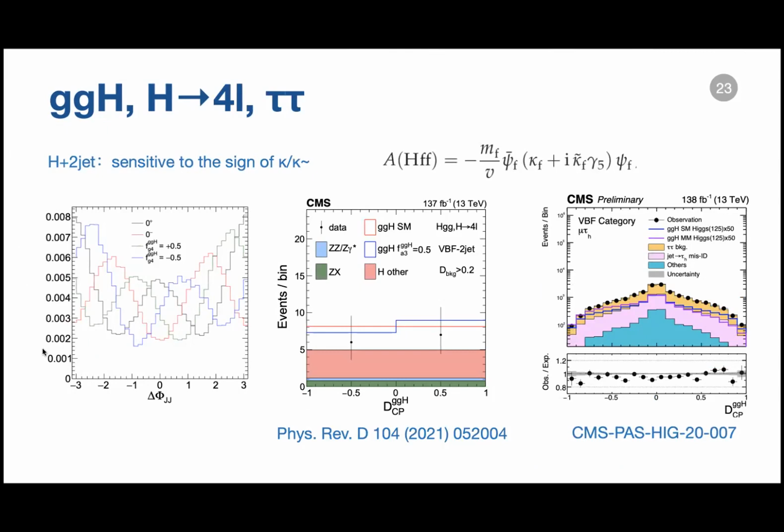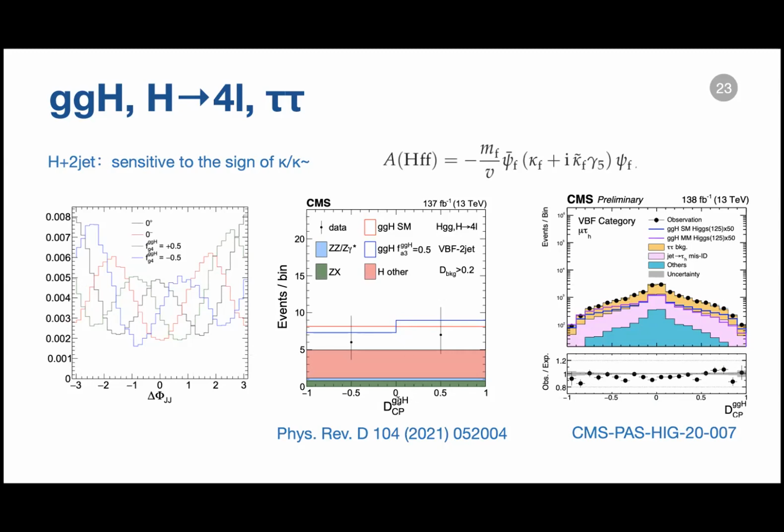So one good thing about this delta phi JJ for gluon fusion plus two jets is that it's really sensitive to the mixture of the CP. So whether it's a positive or negative mixture, you have very different behaviors. And in CMS, people designed machine learning or matrix element-based techniques to be sensitive to only the sign of the mixture.